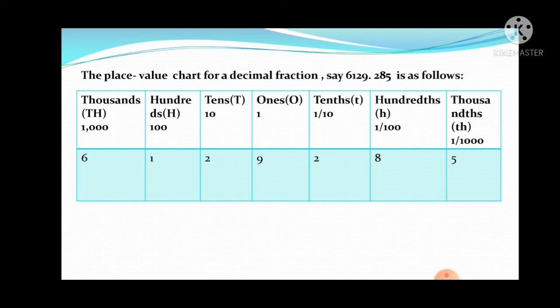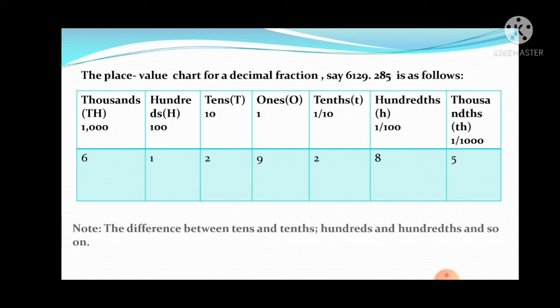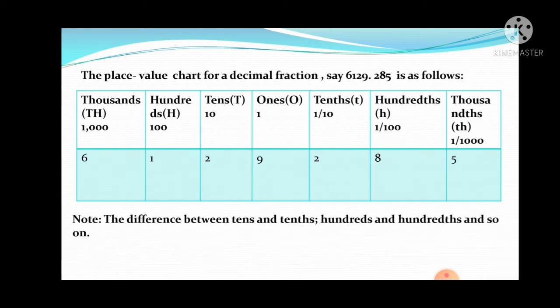After the point, this is the decimal part, and we need to write tenths place, hundredths place, and thousandths place. Here 2 is in the tenths place, 8 is in the hundredths place, and 5 is in the thousandths place. The difference between tens and tenths, hundreds and hundredths, and so on, is only the ending part.